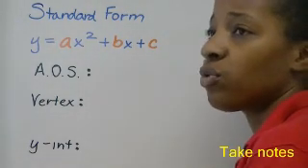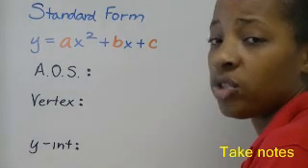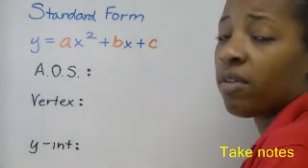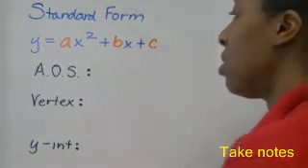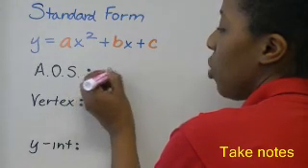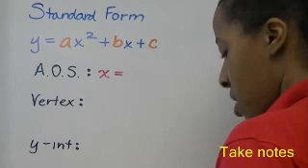For axis of symmetry, the first time in vertex form you used x equals h. But in this form there is no h. So we're going to use a formula to figure out what the axis of symmetry is. It's still a vertical line, so we're going to start off with x equals.